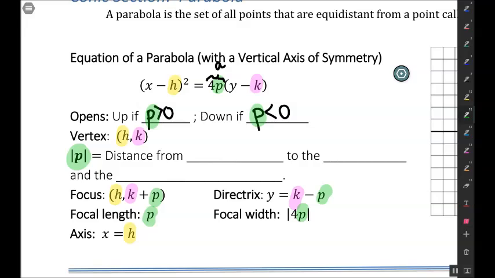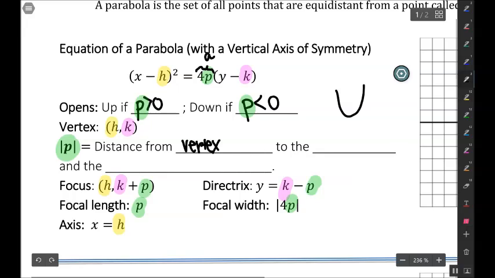The vertex is h, k. The p, as I showed you, or the absolute value of p, is the distance from the vertex of the parabola. Remember, the vertex is this point.